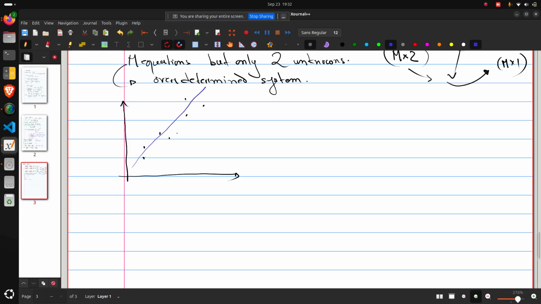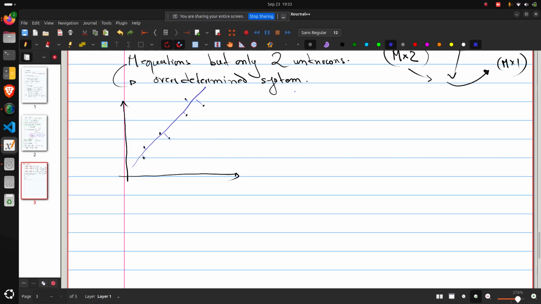So, the error will be squared, and in the squared sense the error should be minimum, that is, the distance between the points and the line should be minimum. So, it becomes a problem where you need to get the residuals or the errors between the points and the line to be minimum in a squared sense. Okay.